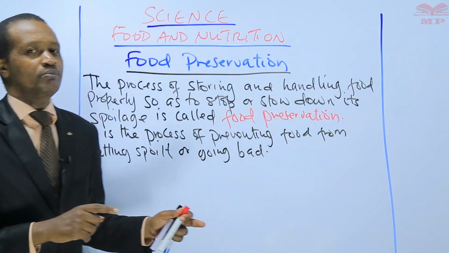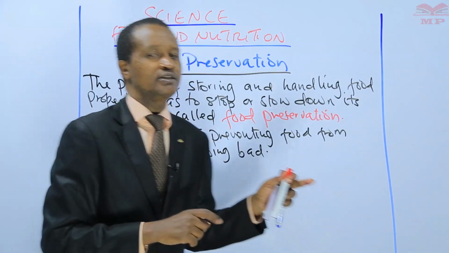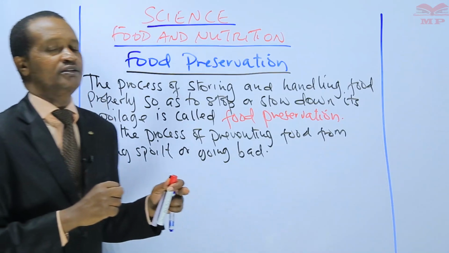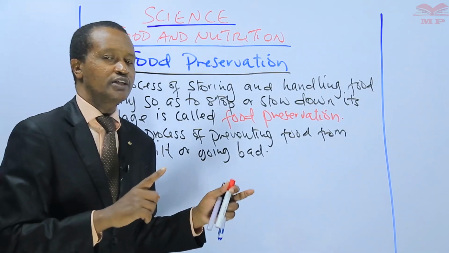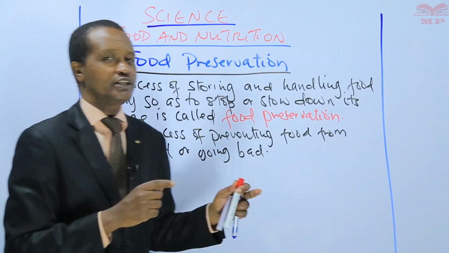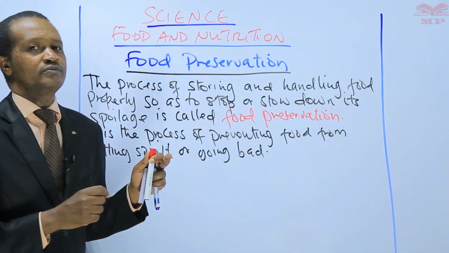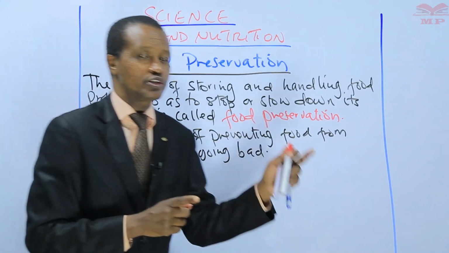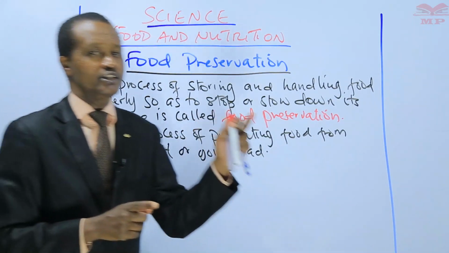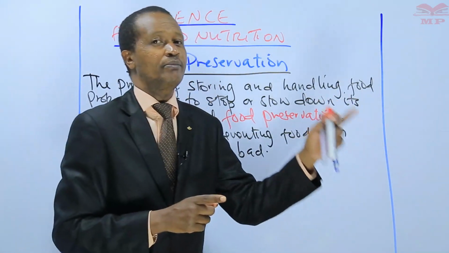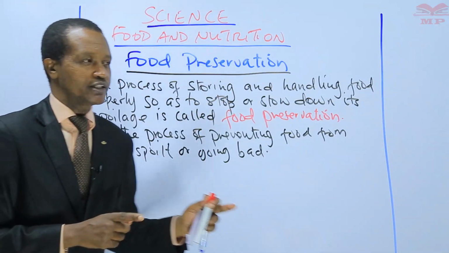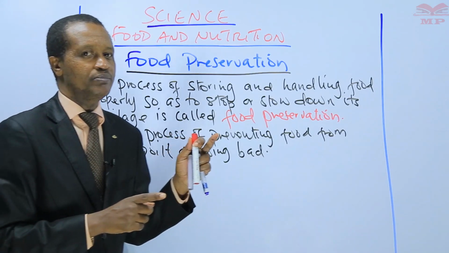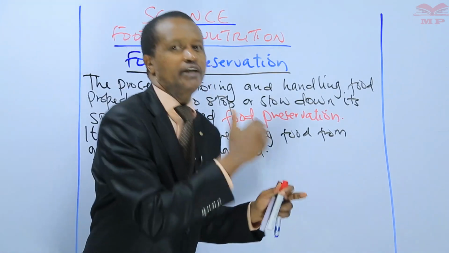But animal products like meat, or when you cook, say, eggs, those are animal products, learners. Or things like milk. Milk is produced by animals, all right? It can be goat's milk, cow's milk, sheep's milk, camel milk. Such products can be preserved for a short period of time.